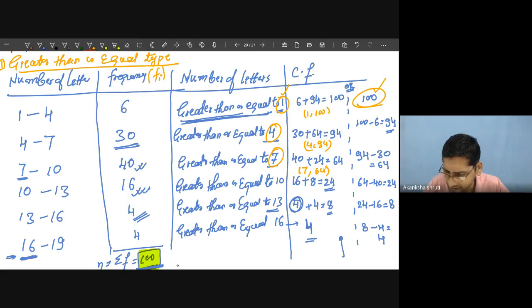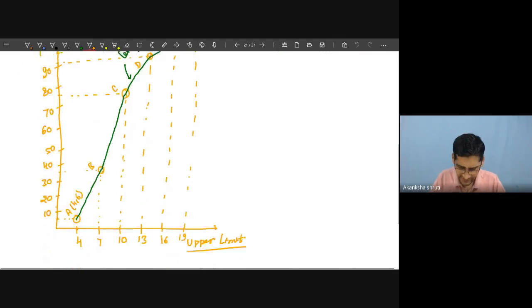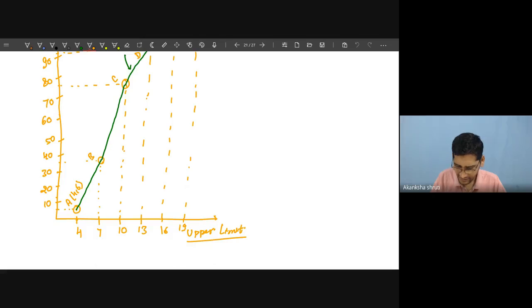The next one is 10 with 24. The next one is 13 with 8. The next one is 16 with 4. So these are the points that we need to put on the same graph. Student, the graph that we have drawn here, though we have written it from the 4, the beginning one is the 1 itself.